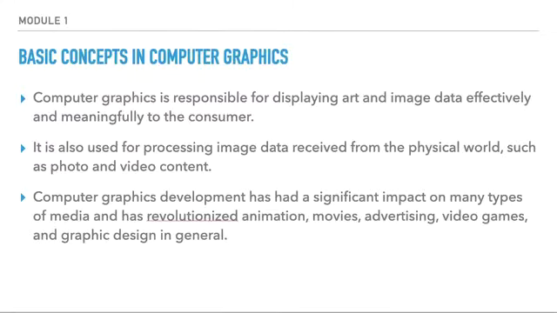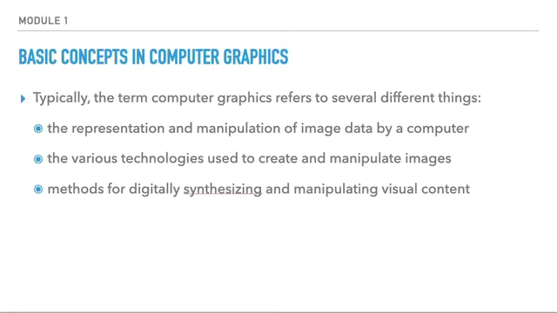The term computer graphics has been used in a broad sense to describe almost everything on computers that is not text or sound. But typically the term computer graphics refers to several different things: the representation and manipulation of image data by a computer, the various technologies used to create and manipulate images, and methods for digitally synthesizing and manipulating visual content.